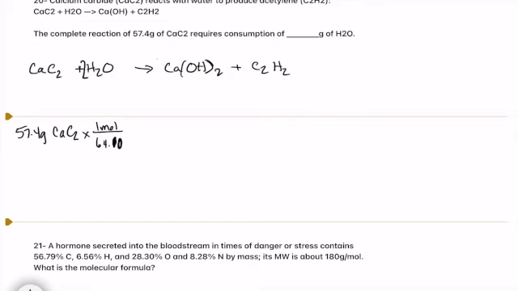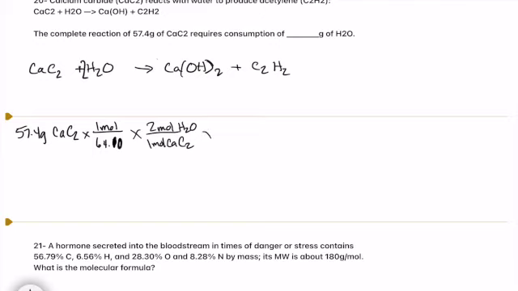I am converting this to moles first, so I can get our molar ratio here. I refer back to the balanced equation, and I see that for every 1 mole of CaC2, I need 2 moles of H2O.